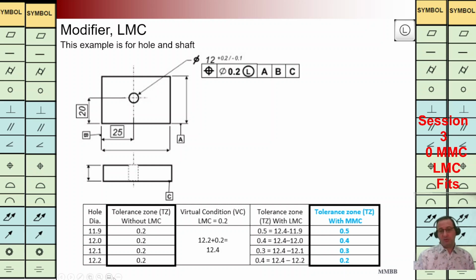And for different hole diameters, we are going to calculate the value of the tolerance zone. As you can see, when the hole is smaller, the center of the hole can move more. It means we are going to have a dynamic tolerance.